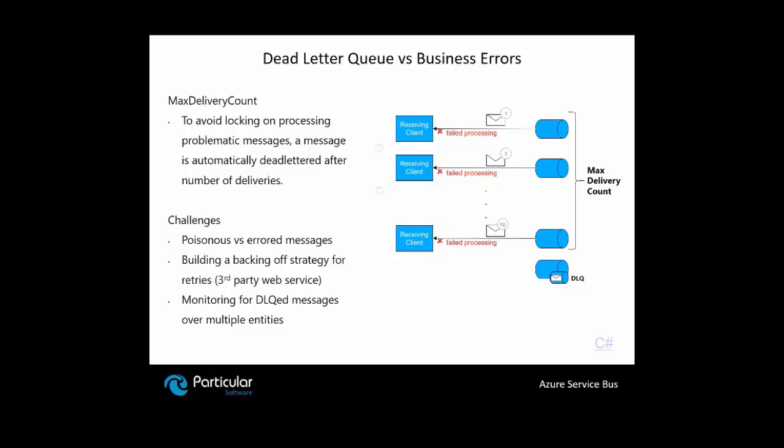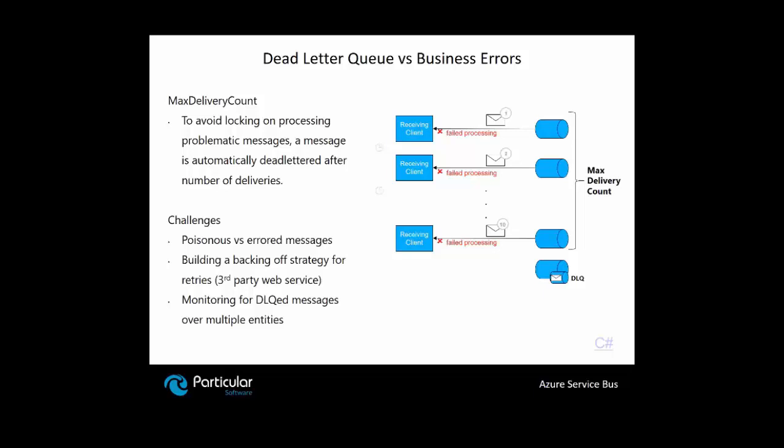The messages that are ending up in the dead letter queue, you don't really know why they ended up there. Did they end up there because they are poisonous, for example, because their body is corrupted? Or is this just because of a business exception that needs to be handled? Secondly, this retry mechanism might cause problems downstream.